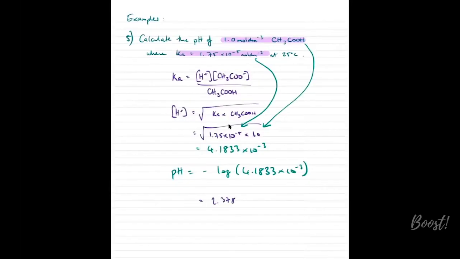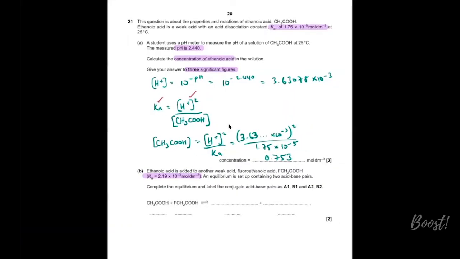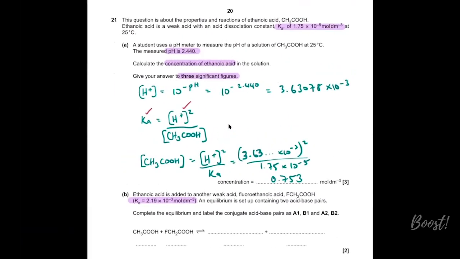So going back to our question, we're comparing 1.75 times 10 to the minus 5 for ethanoic acid and 2.19 times 10 to the minus 3. So you may realize that actually we can ignore the 2.19 and 1.75.